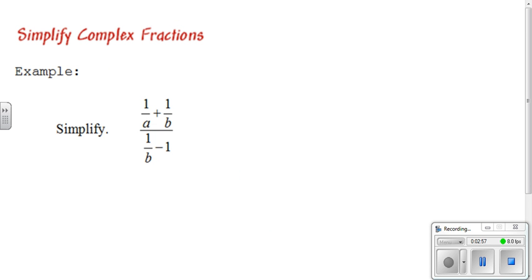Now we're going to try the same ideas, only working with complex fractions, which, remember, are kind of our fractions within fractions. So notice how both our numerator and our denominator have fractions this time.